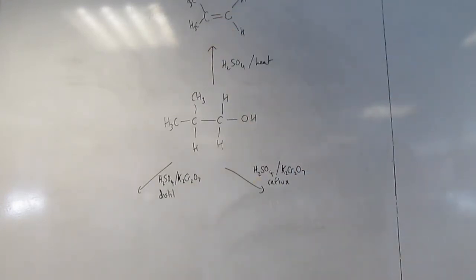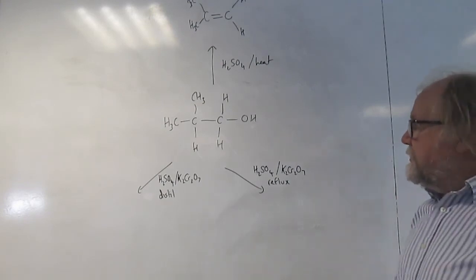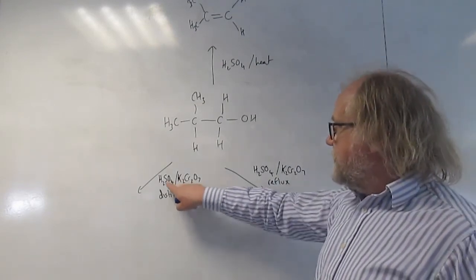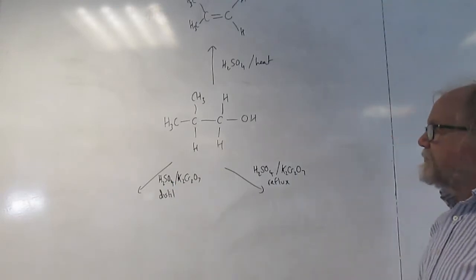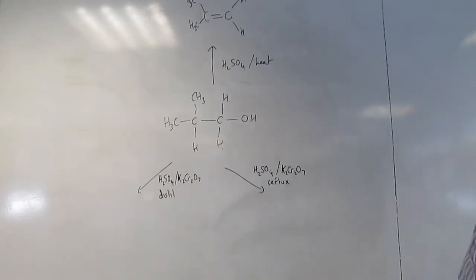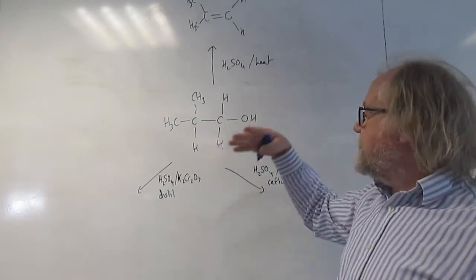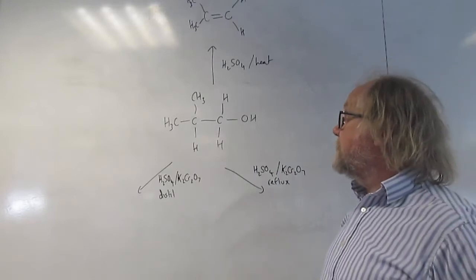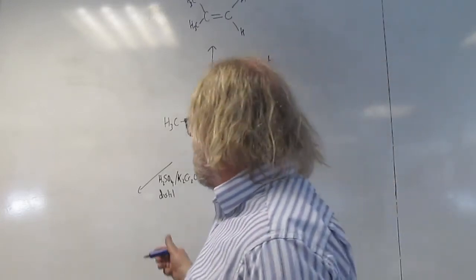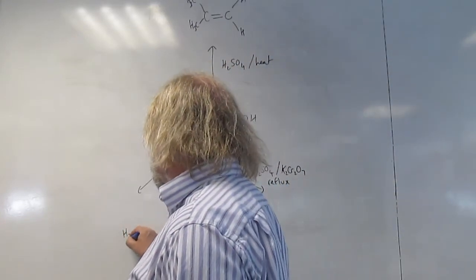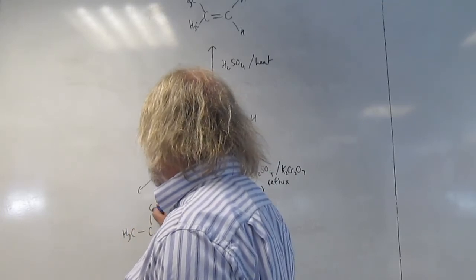So that's your product. These 2, you need to recognise that that's potassium dichromate, and that's an acid, so this is acidic potassium dichromate, and this is a primary alcohol, so this is the story that you can get 2 different oxidation products. If you distill, it removes the first oxidation product before it has a chance to oxidise any further. So this one gives you the product that's initially formed, which is the aldehyde, which looks like this.